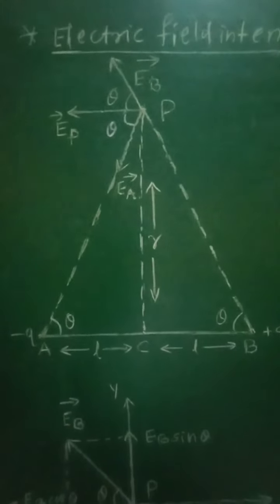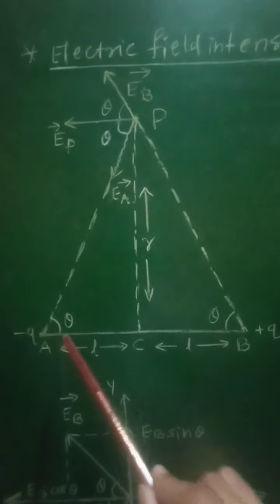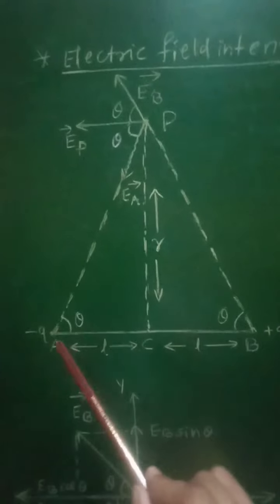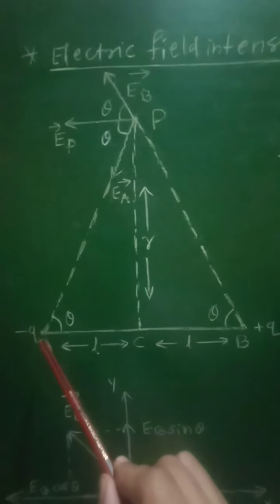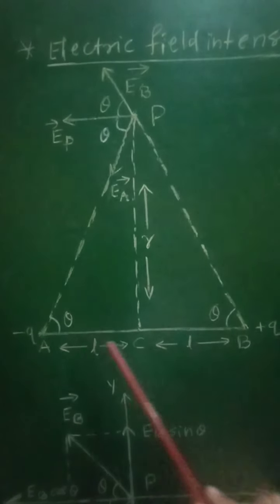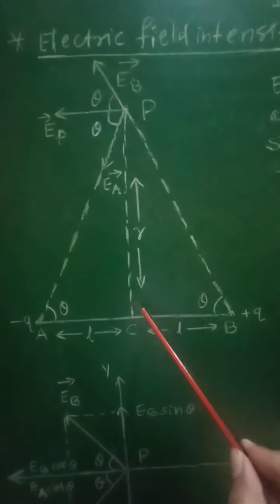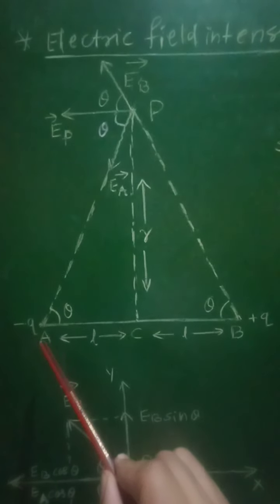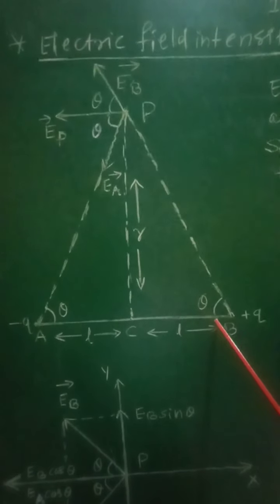In order to obtain that expression, let us consider an electric dipole consisting of two equal and opposite charges, minus q and plus q, situated at points A and B respectively. The length of the electric dipole AB is equal to 2L.